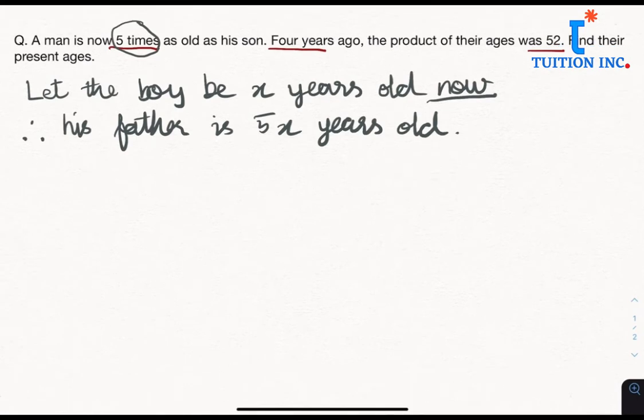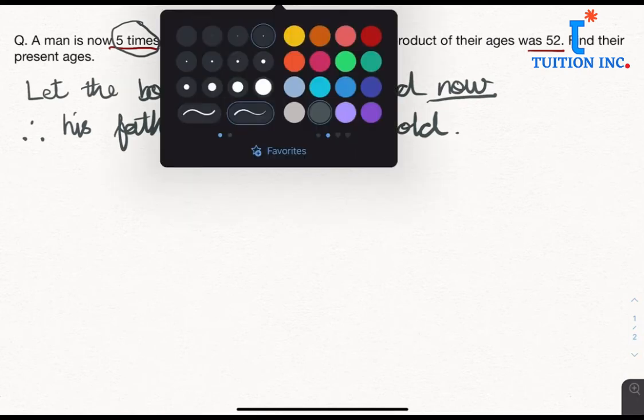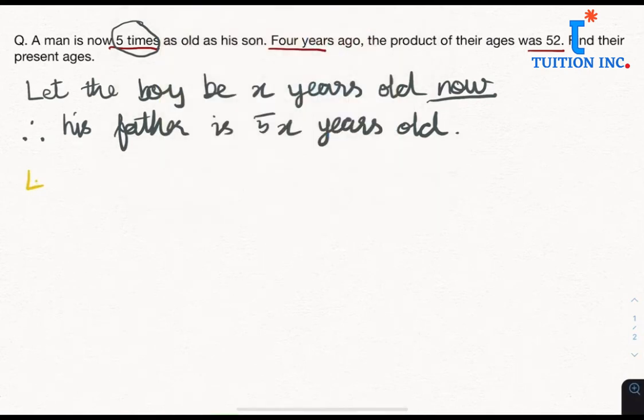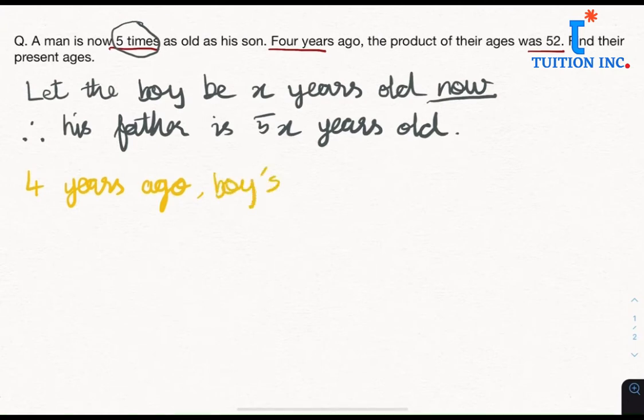Okay, so 4 years ago the product of their ages was 52. So let's first define what was the boy's age 4 years ago. So 4 years ago, the boy's age would be x minus 4, right?